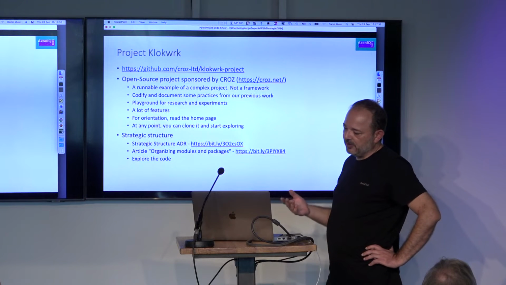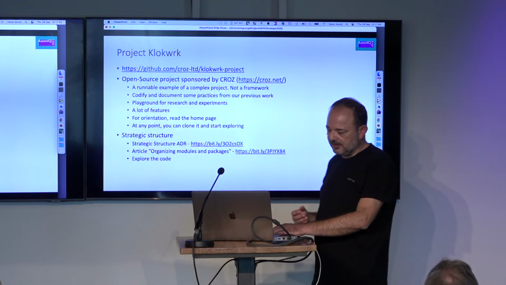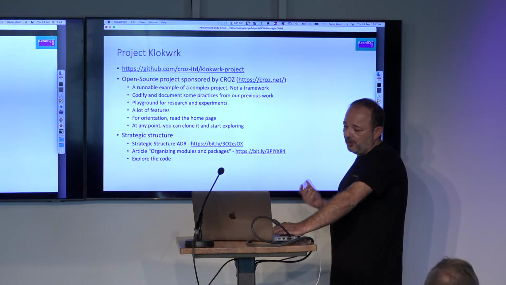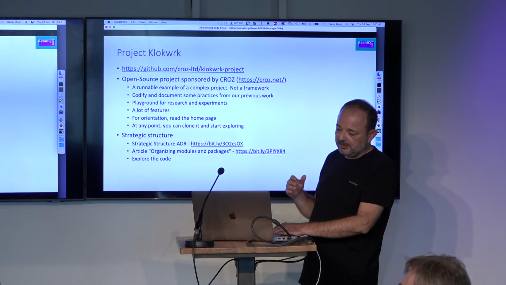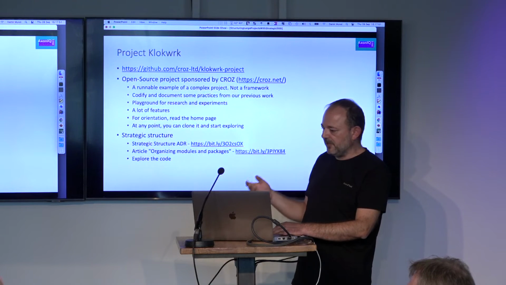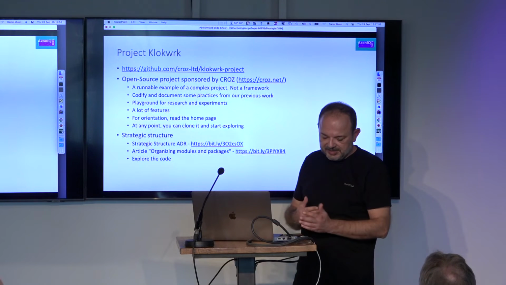Clockwork is not a framework, so don't try to use it that way. It is a runnable example of a complex distributed system, and applications you can find in there are based typically on Axon framework. It contains a lot of features.